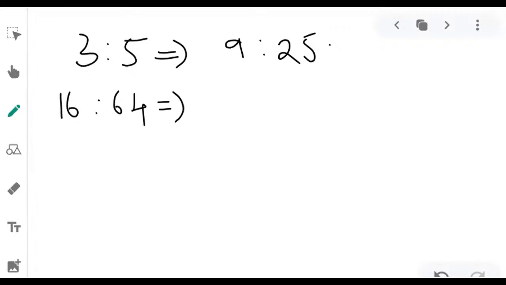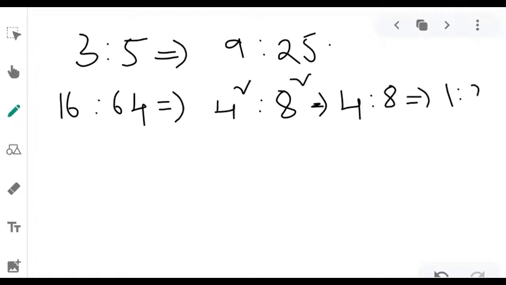What is 16? 4. 4 square is to 64 is 8 square. So my subduplicate ratio is 4:8. That means 1:2. Always you should give me the simplest form as the answer.